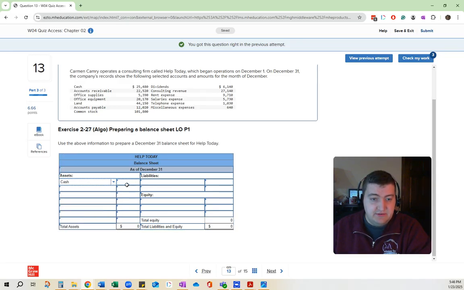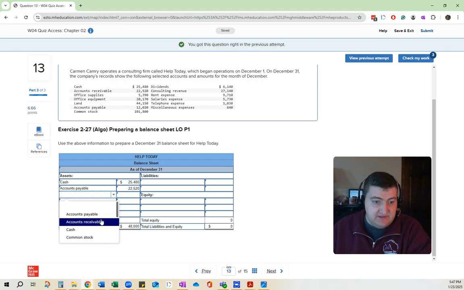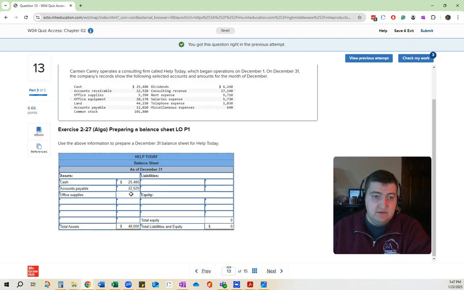cash, and then accounts receivable, and office supplies, and then office equipment.